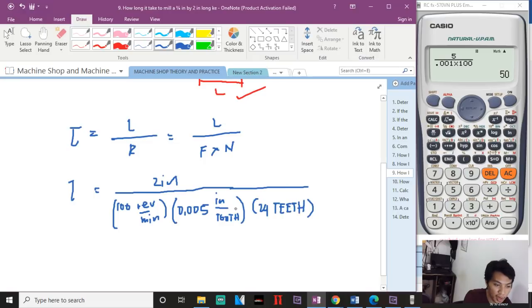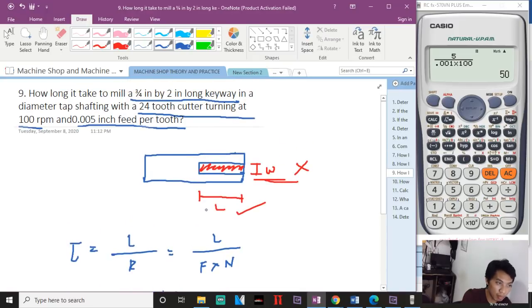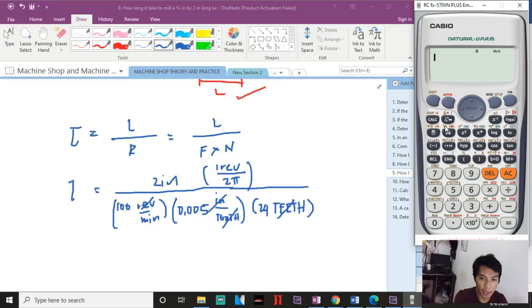So we cancel the same units. What remains is revolutions per minute. One rev is 2 pi radians.